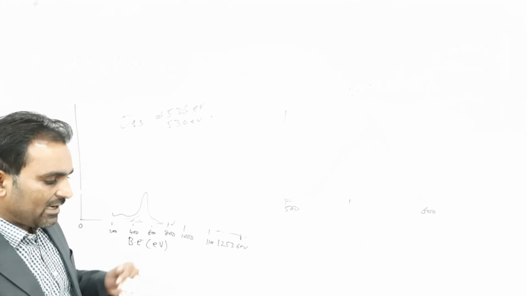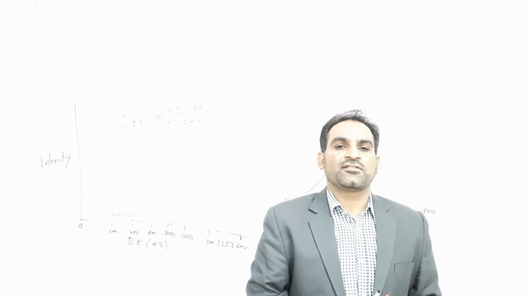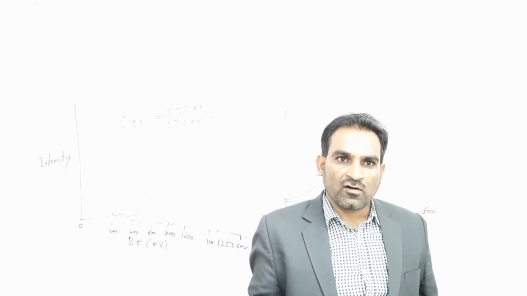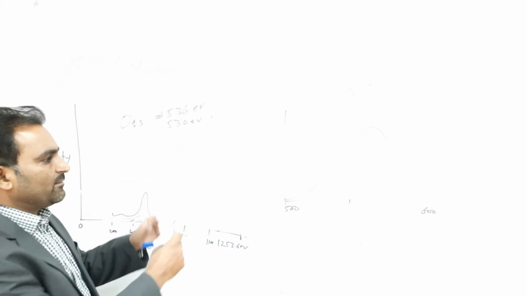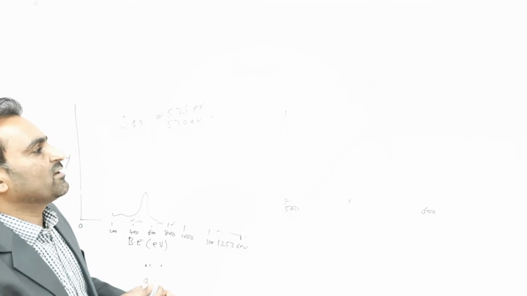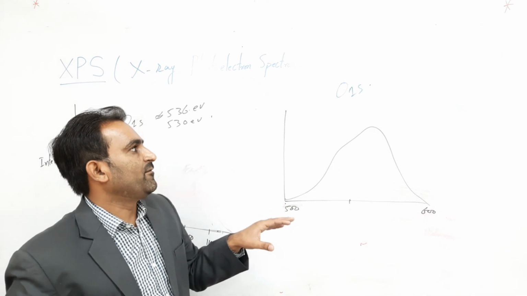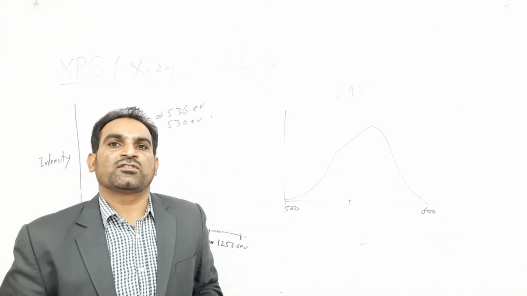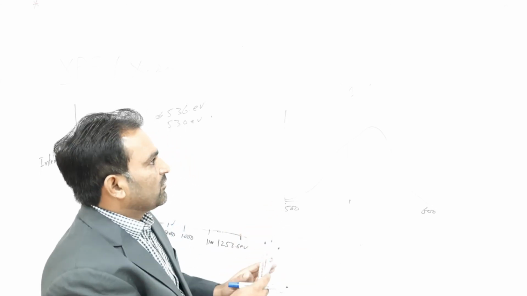That change in peak position is due to the change in engagement of that electron with a different environment, meaning the composition of the compound. Maybe oxygen has a bond with hydrogen or with some metal, and there is a shift in peak position.